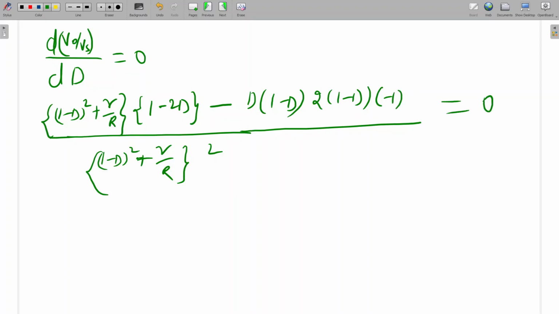This should be equal to 0. Is it clear? Should I explain again, or is it clear to all? Can anyone reply? Clear, sir. Yes, sir. Okay.